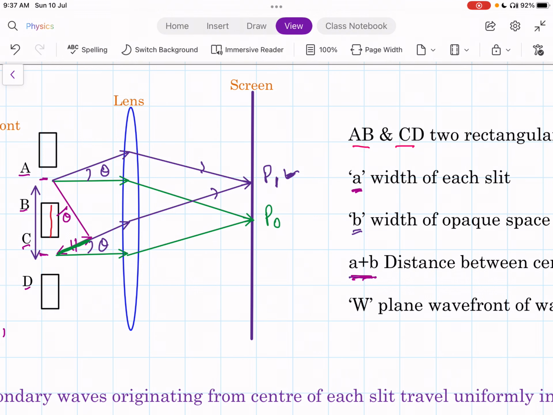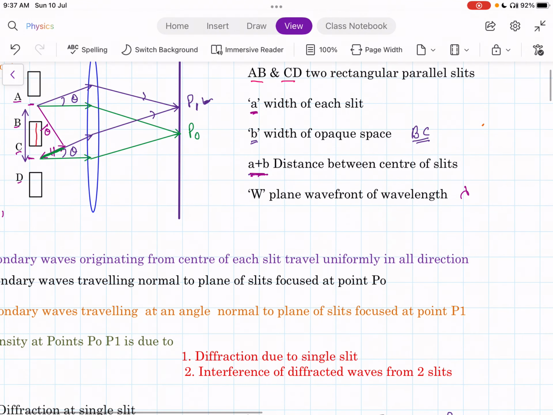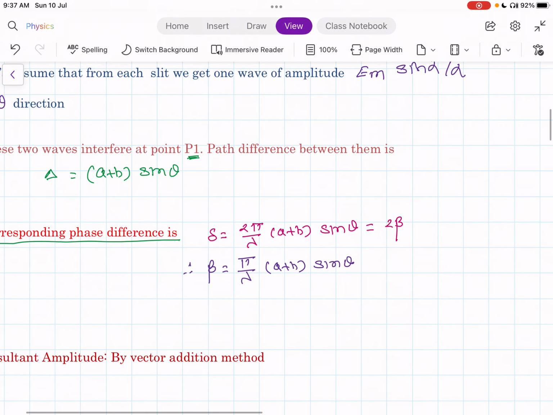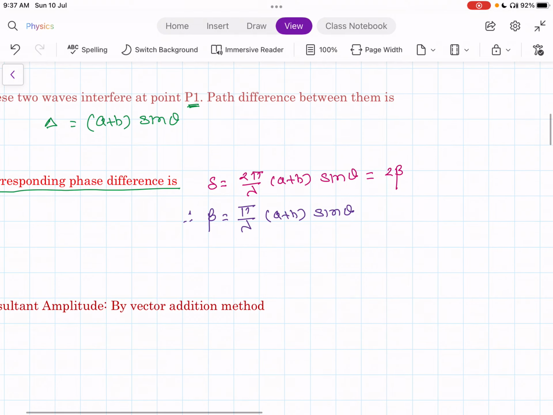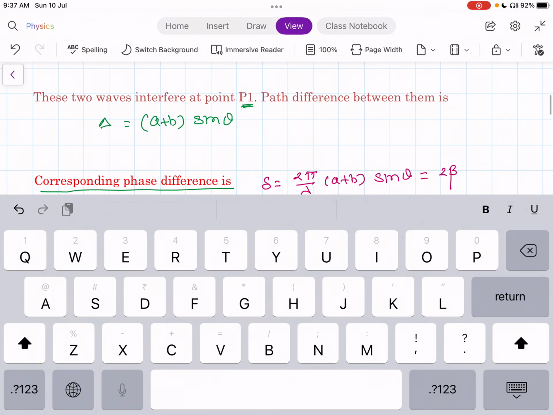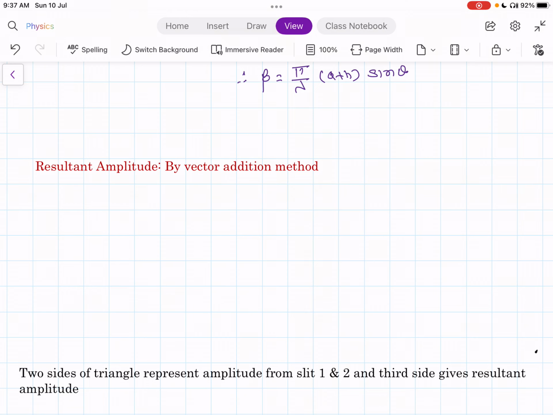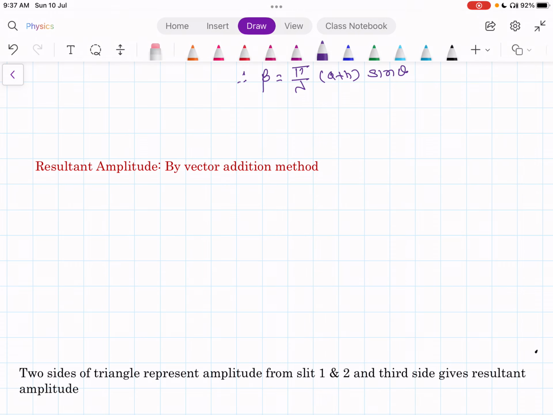And to find the resultant amplitude, we are going to follow the vector addition method. So let us first draw the diagram for this.